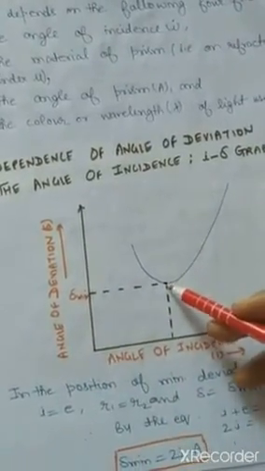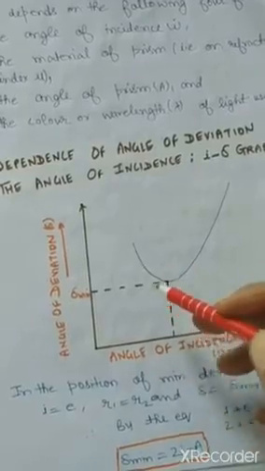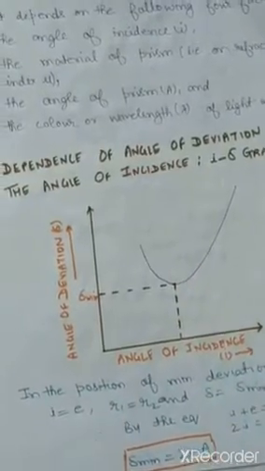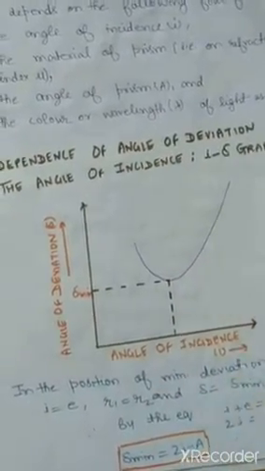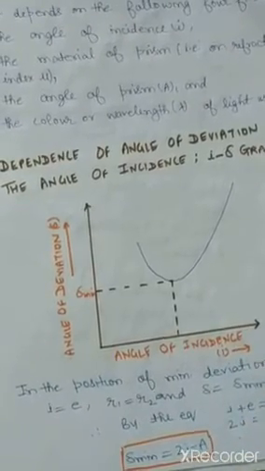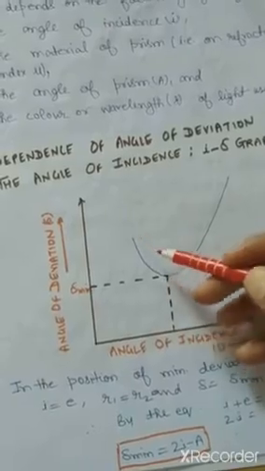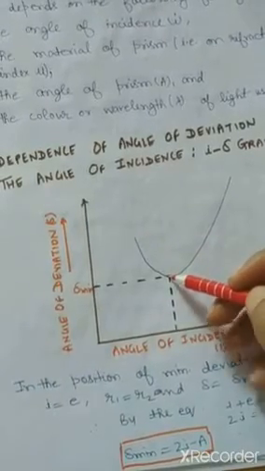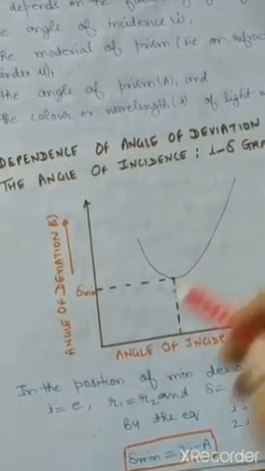And then after this value of delta minimum, it will start increasing. So this is the kind of graph that we get when plotting the angle of incidence against the angle of deviation. It first decreases, reaches a minimum value, and then starts increasing with the increase in angle of incidence.